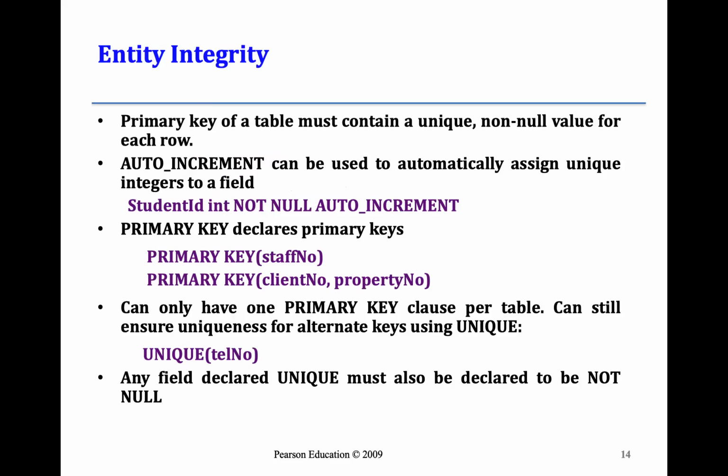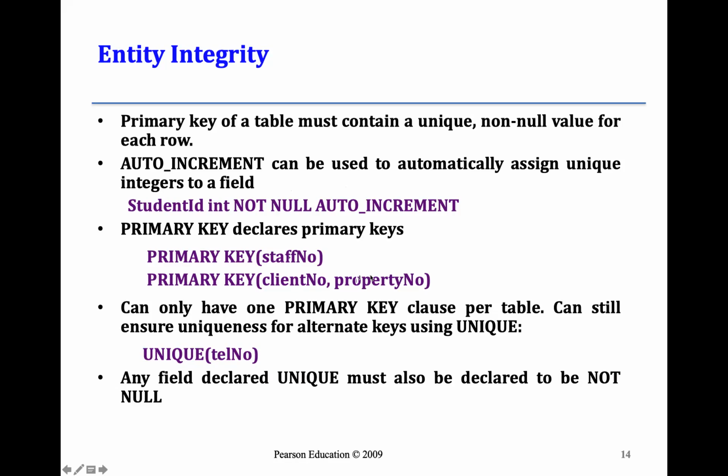So moving on to our third type of constraint, entity integrity. A primary key of a table must contain a unique non-null value. So when you declare something as a primary key, you are declaring implicitly that it's unique. There's a primary key keyword, and in parentheses, you put the attribute or comma-separated set of attributes that are the primary keys.